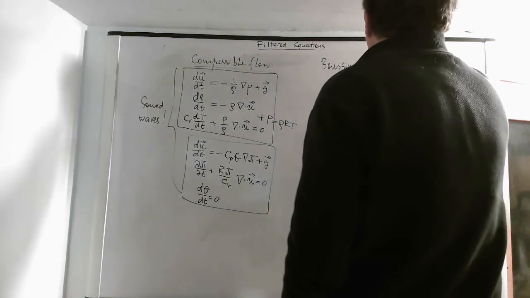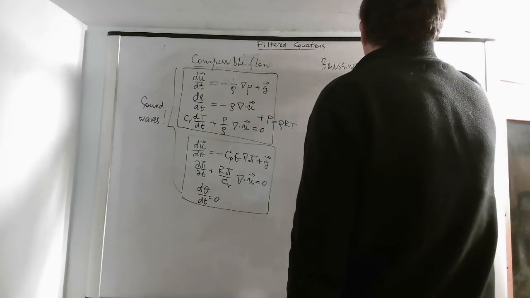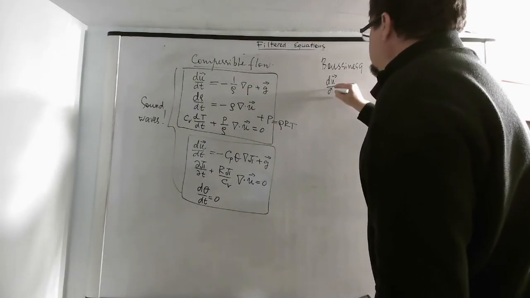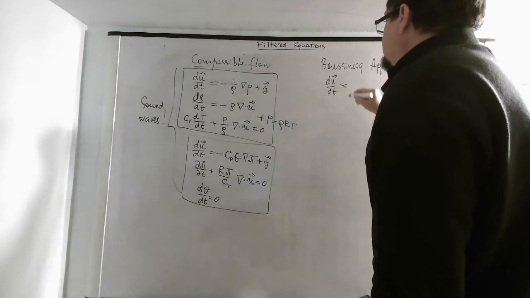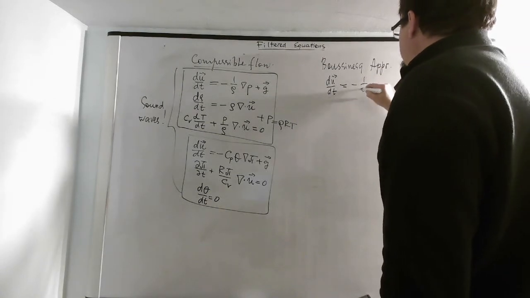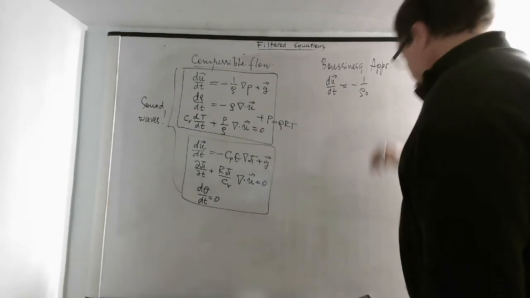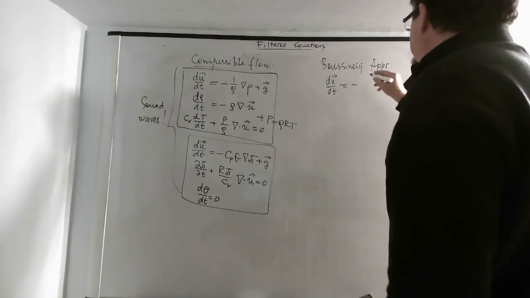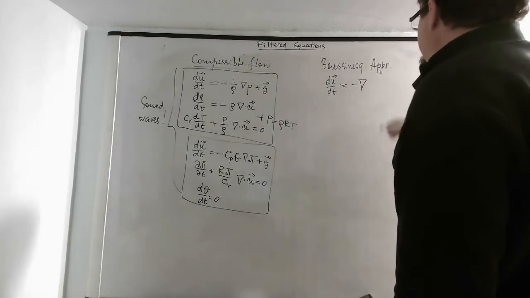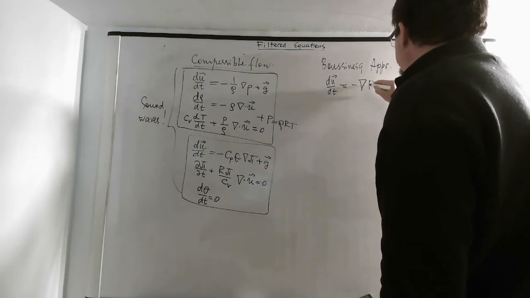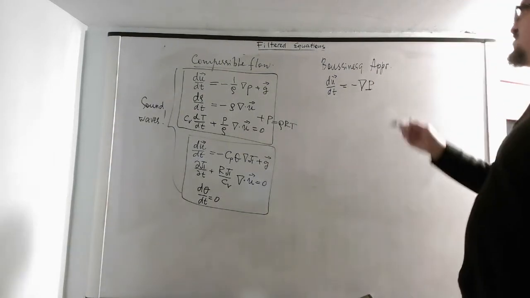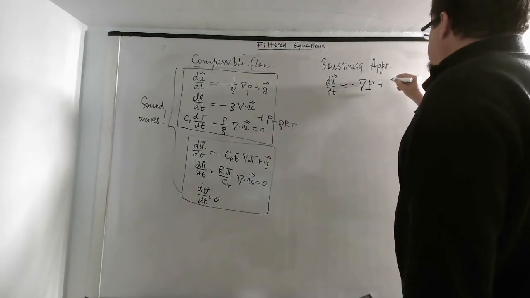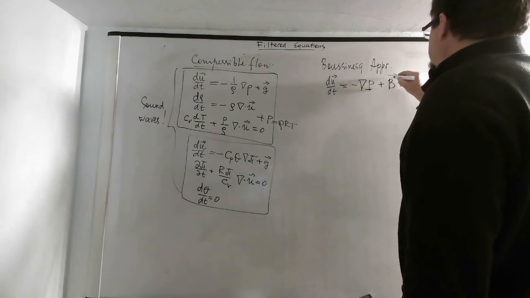So the Boussinesq approximation. We have du dt equals minus 1 over rho naught, or let's just write it like this, minus the gradient of some pi, capital Pi, which is p over rho naught, plus buoyancy.